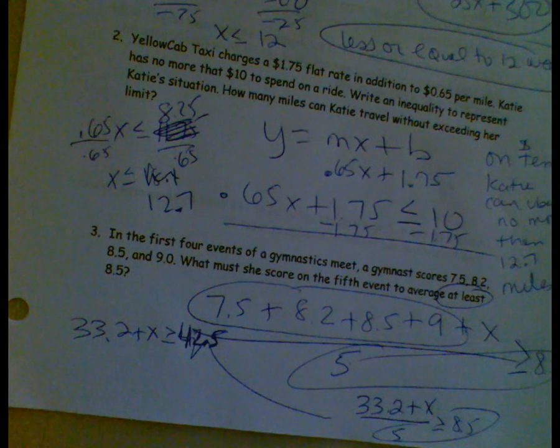Your last step is to subtract 33.2. And you're about ready to know what her 5th score needs to be for her to go to the gold round. What is it? 9.3. She needs to score about 9.3 or higher if she wants to go to the gold round. Anything below that, she's going to stay in the silver round.